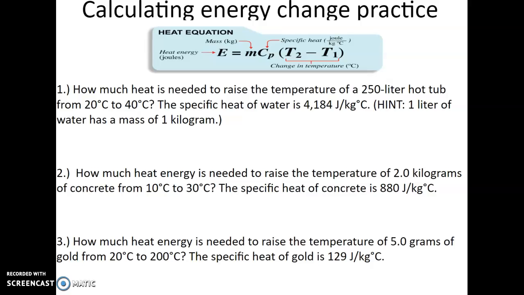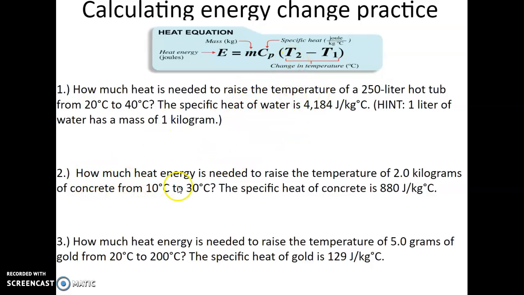Therefore, the total mass of water would be 250 kilograms. It's a 1-to-1 ratio. So it would be 250 kilograms of the mass times the specific heat of water, which is 4,184 joules per kilogram degree Celsius, times the change in temperature, which we calculated to be 20 degrees Celsius.